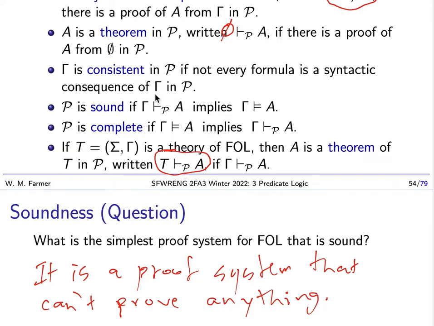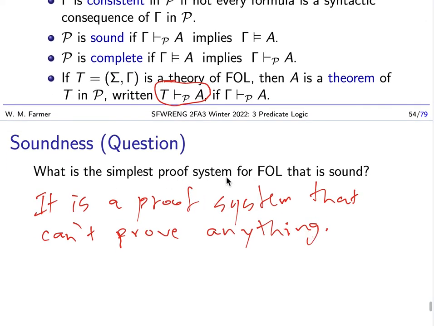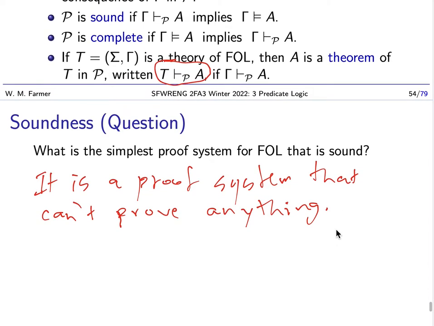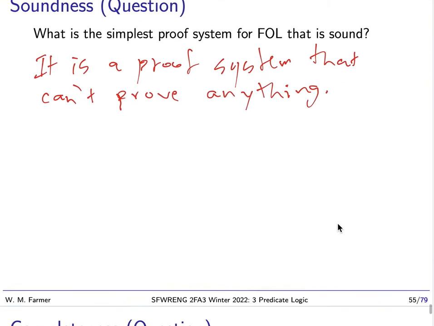So the premise of the implication is never true, and that means the whole statement will be true, because anything we can prove must be a logical consequence, but we can't prove anything. So the simplest proof system that is sound is just a proof system that can't prove anything. It'll be a useless proof system.